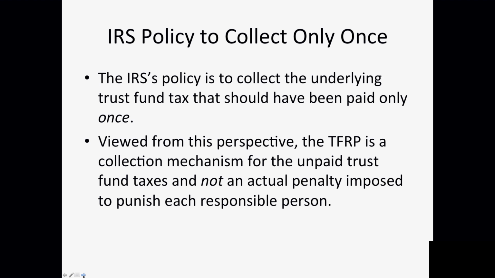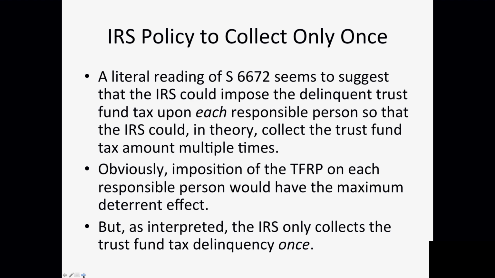So it's viewed from this perspective as a collection mechanism for the unpaid trust fund taxes and not an actual penalty imposed to punish each responsible person. A literal reading of this section would seem to suggest that the IRS could impose the delinquent trust fund tax upon each responsible person, so that in theory the IRS could collect the trust fund tax multiple times.